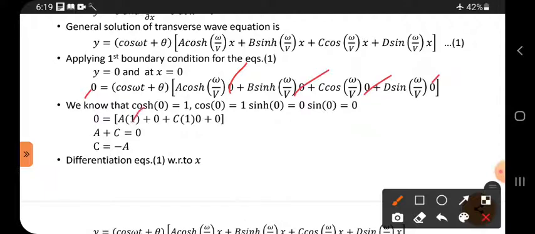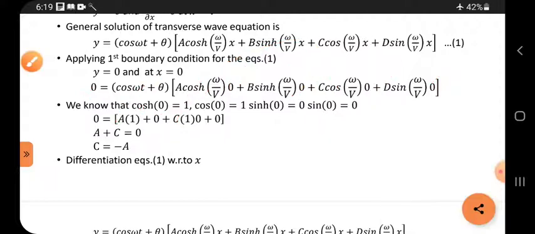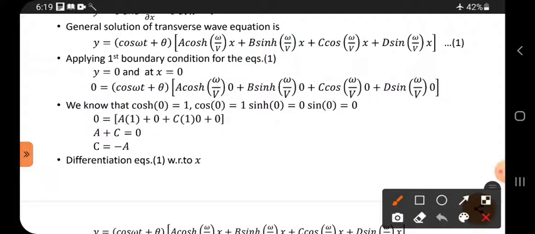Cos 0 is 1, but sin 0 is 0, so those terms vanish. We get a and c, and both are plus, so keeping c on this side and bringing a over, it becomes minus.